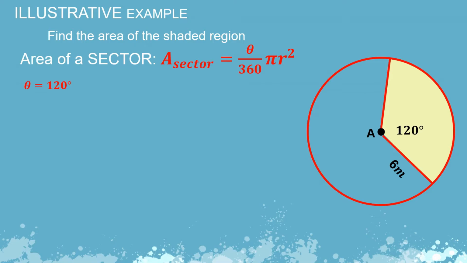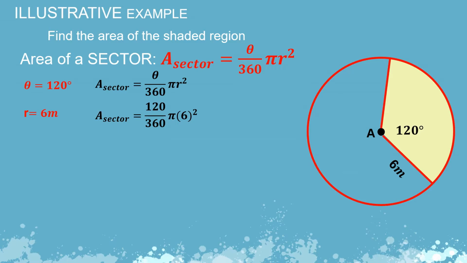Theta is equal to 120 degrees, and the radius is equal to 6 meters. Then we replace theta with 120 degrees and r with 6 meters, so we will have 120 over 360 pi 6 squared.